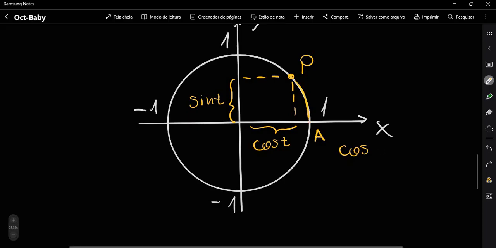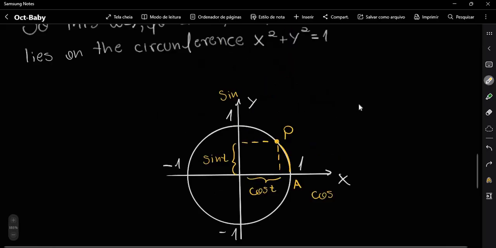So we wanted to know the measure of this arc, the arc AP. We can measure this way in radians.